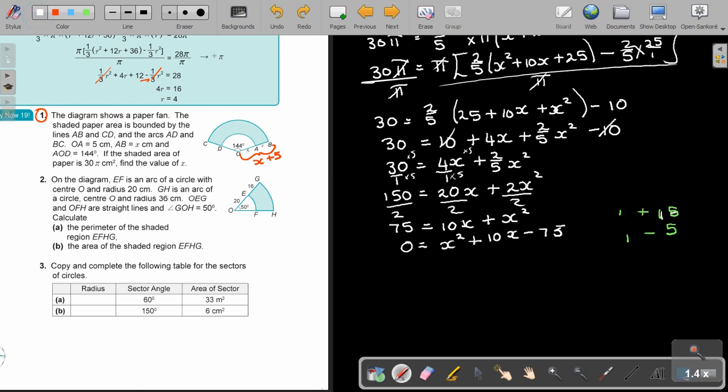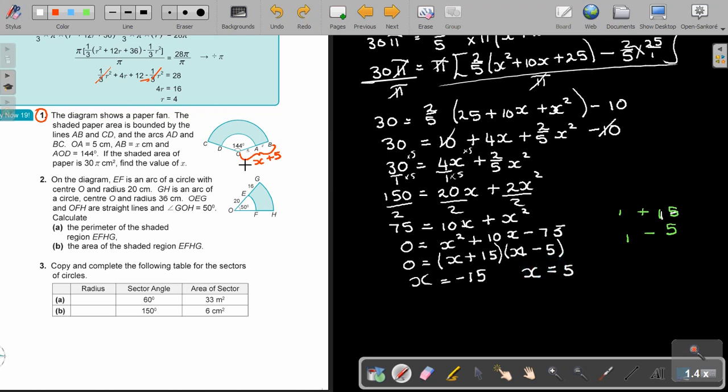So basically, it's going to be x plus 15 times x minus 5, and this equals 0, so x is negative 15, or x is 5.